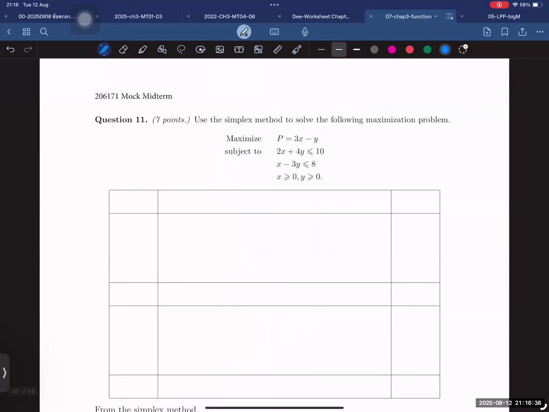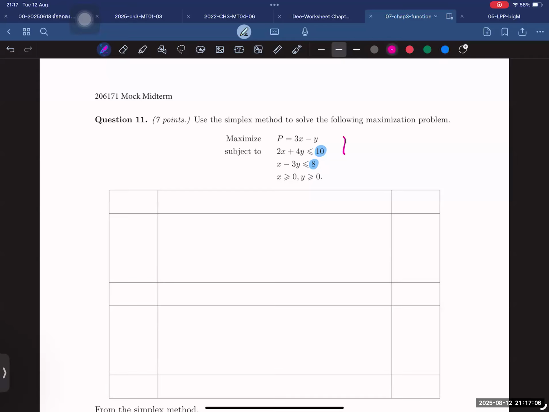Okay, this one, using the simplex method to solve the maximize problem. Okay, simplex requires that the right hand side must be all positive, right? And this function is fine. Now we can just transform this one into the slack variable.